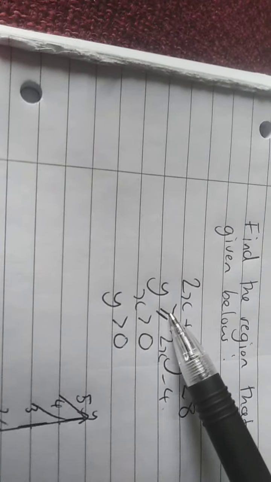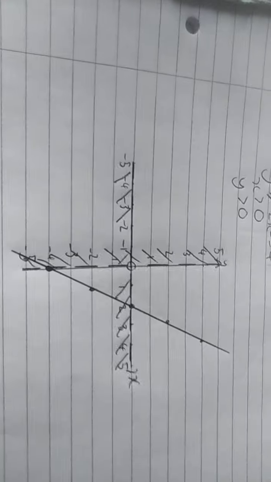So again, this one has a greater than or equal to sign, so we can do a full line rather than a dotted line. And there's your line for y equals 2x minus 4.